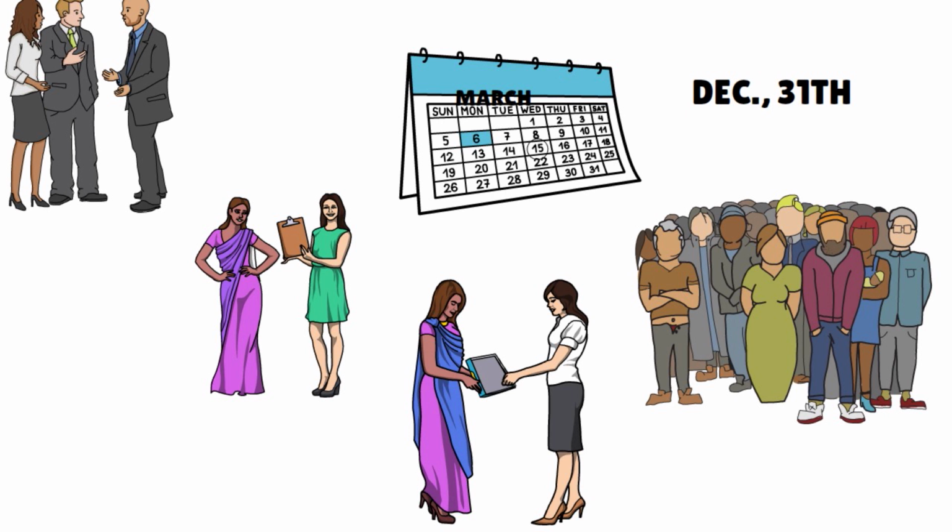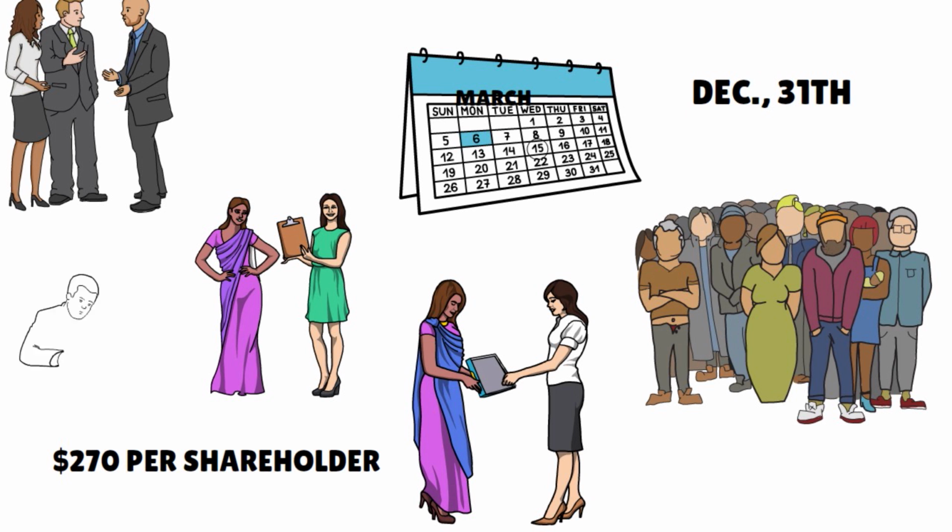This is very important because the IRS is very adamant at making sure people comply with the law. The agency will fine you $270 per shareholder or partner if you are late or you provide incorrect information.